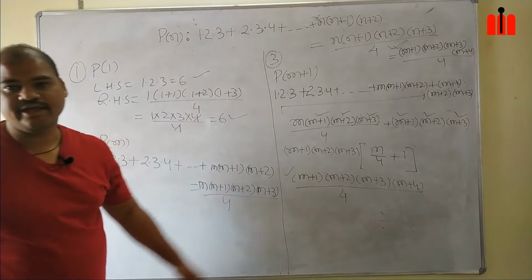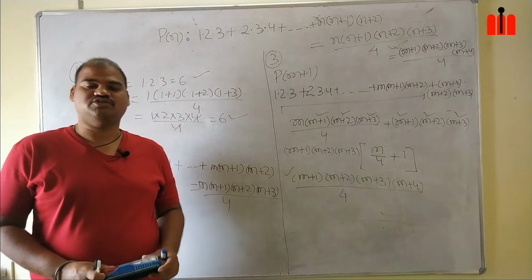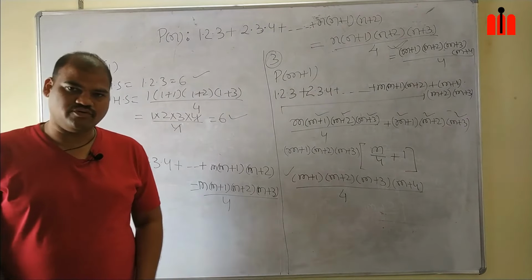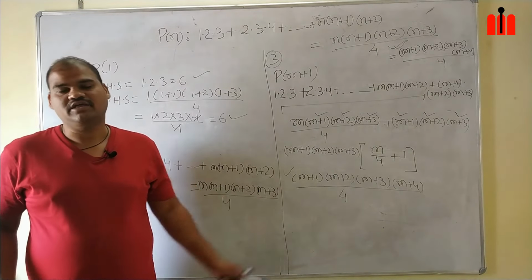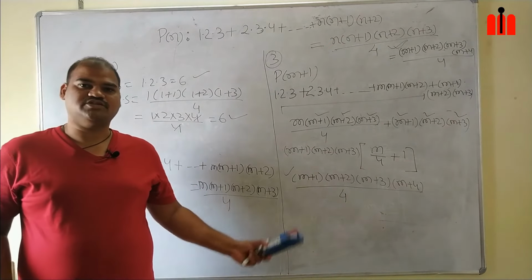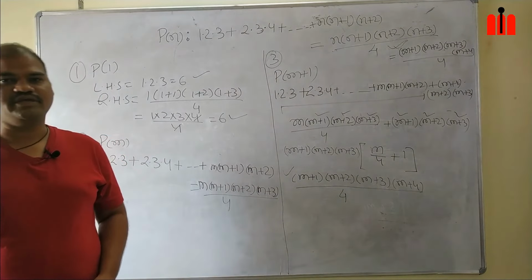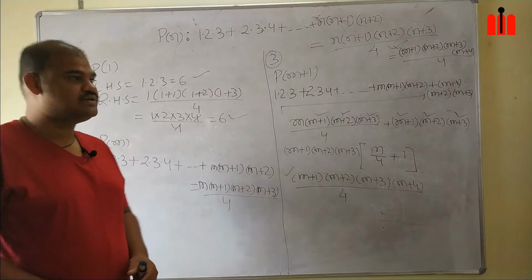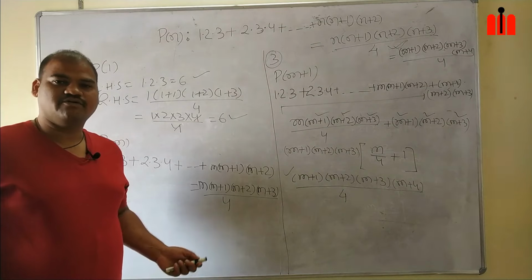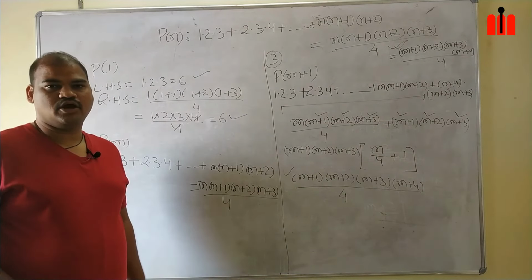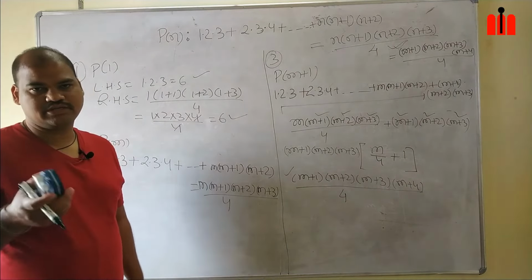We had anticipated that our RHS will be M plus 1, M plus 2, M plus 3, M plus 4 by 4, and we derived that RHS from the Pm plus 1 statement. So Pm plus 1 is true. So my conclusion is Pn will be true. This completes our third problem. Now the fourth problem is on your screen.